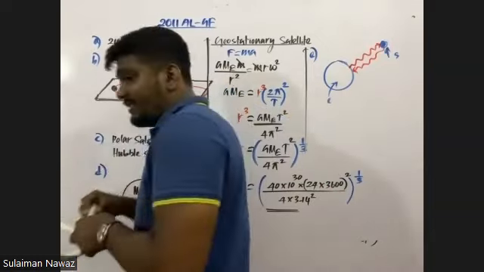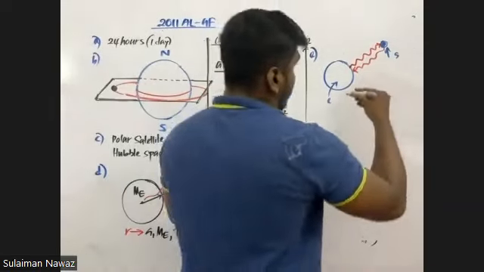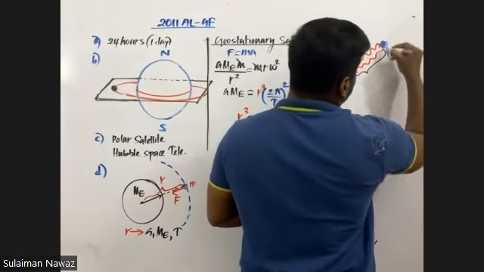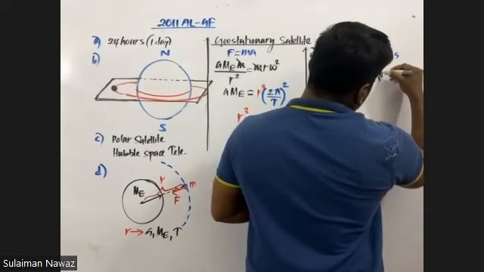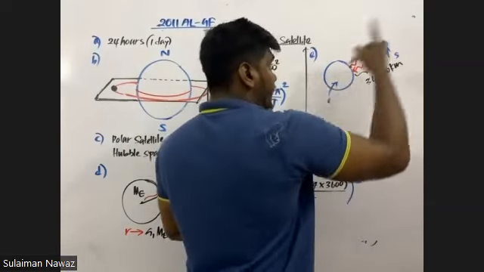They mentioned the distance between the Earth and the satellite: a ground station to a geostationary satellite located 36,000 kilometers vertically above it. This gap, the distance from the surface of the Earth to the satellite, is 36,000 kilometers.